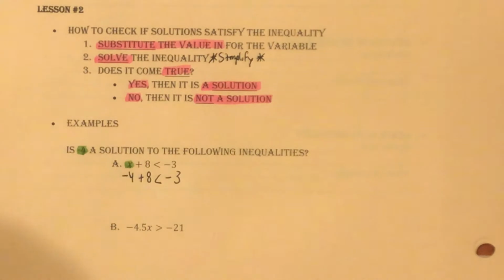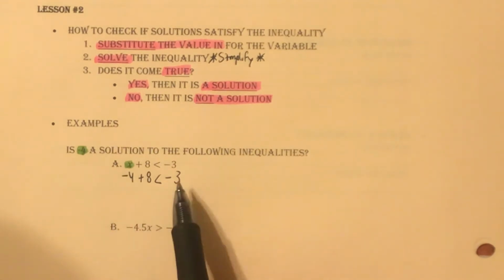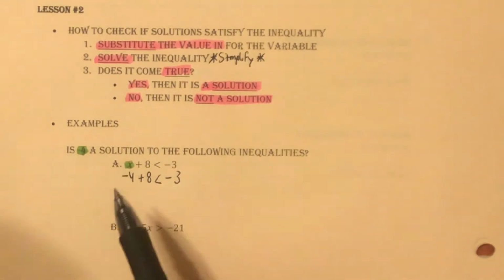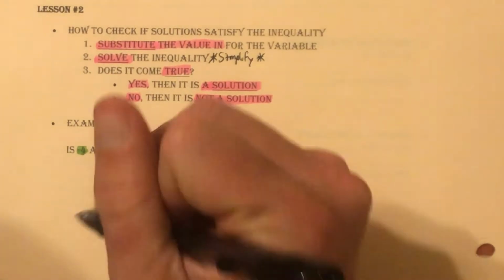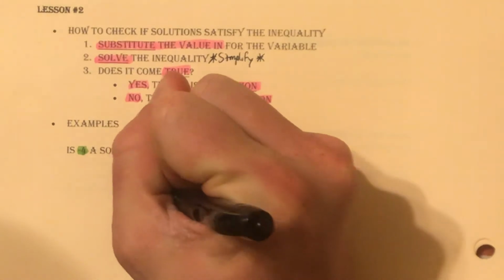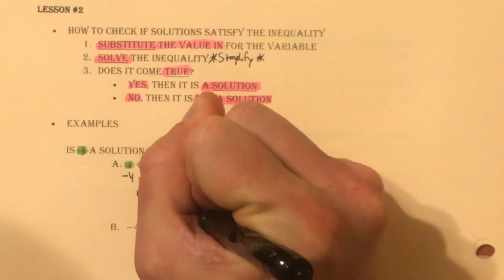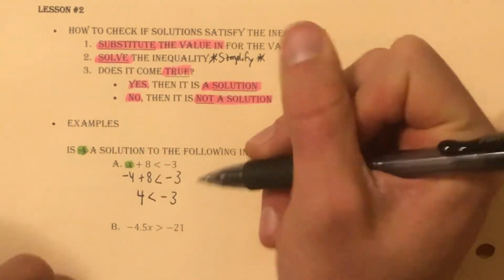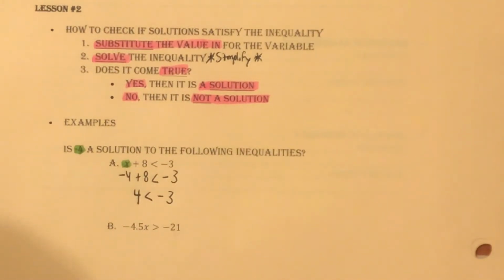Now, step 2, I need to solve the inequality, or really just simplify it down. All I'm going to do is simplify this side down till it's one number, just like this side was. So -4 plus 8, that's 4 bad guys, 8 good guys show up, so the good guys are going to win, and they're going to win by 4. So this becomes 4 when I combine them, +4, and 4 is less than -3. So once I've got one number compared to another number, this is simplified all the way down.